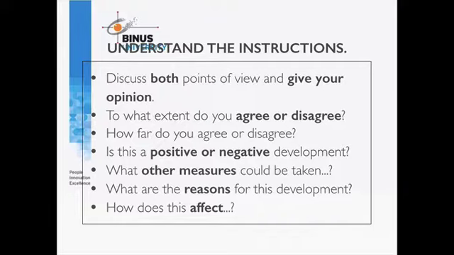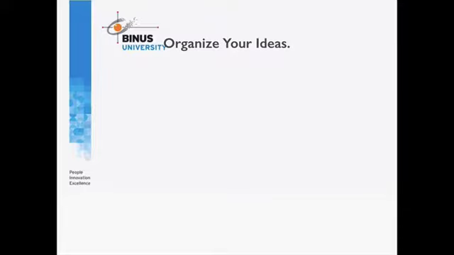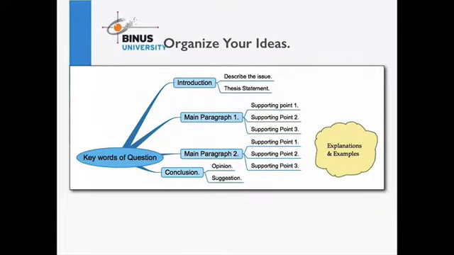Okay, so you've underlined the key words, you've looked at the instructions, and you understand exactly how you must answer it following those instructions. The next thing you need to do is to organise your ideas. So this is how I suggest that you organise your IELTS essay. And this is the mind map for you.